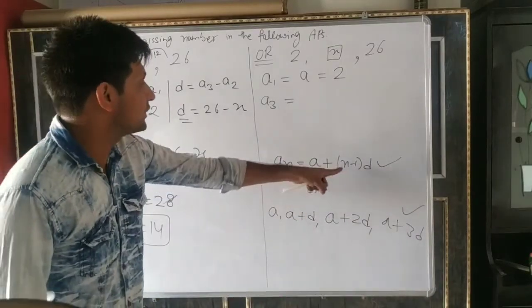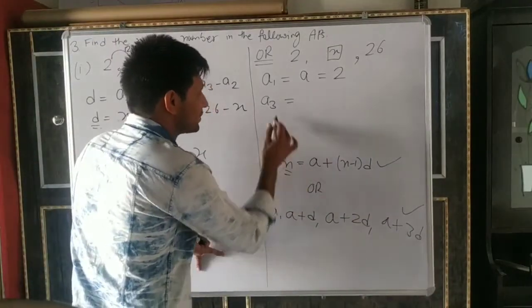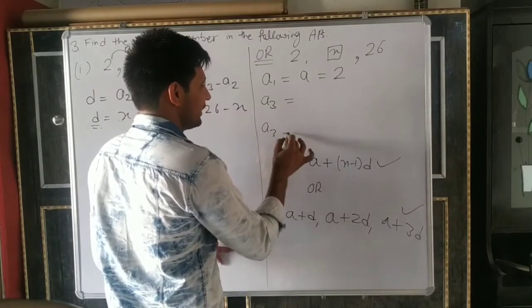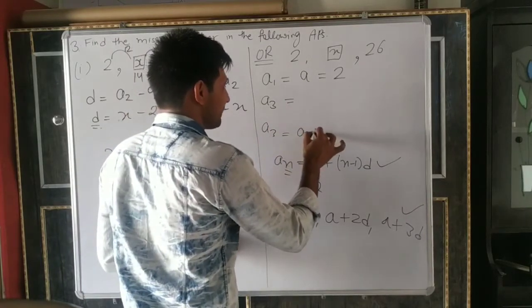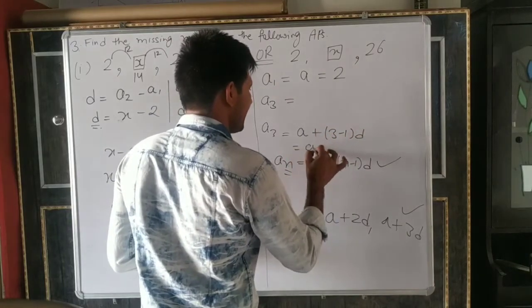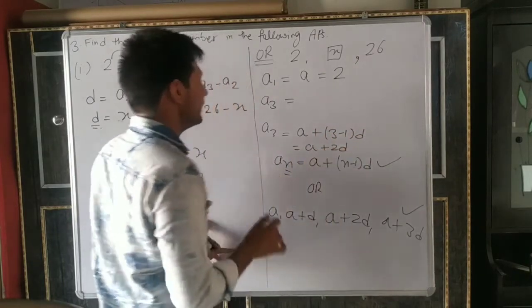Using the formula, n is 3, so a plus 3 minus 1 into d gives a plus 2d.